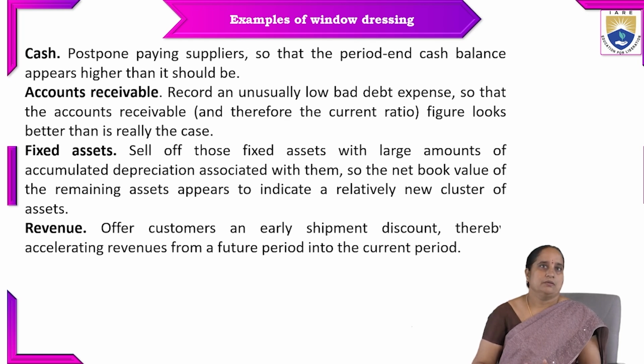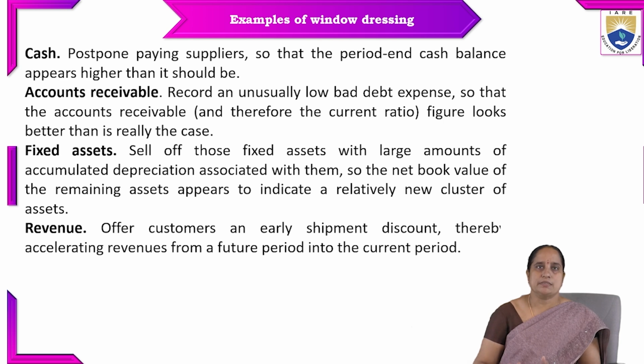Coming to the examples of window dressing. Cash: postpone paying suppliers so that the period end cash balance appears higher than it should be. In accounts receivable, record an unusually low bad debt expense so that the accounts receivable, and therefore the current ratio figure, looks better than is really the case.